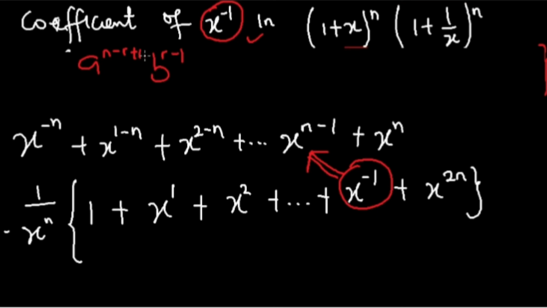So if you want to do that now, we can see that this one, what is in front of this one is 1. Therefore, I will have 1 to the power of n minus r plus 1, whatever. Then my b is my x. Okay, my b is my x, that is n minus 1. In that case, the coefficients will now be n into n minus, which is my r actually, r minus 1.